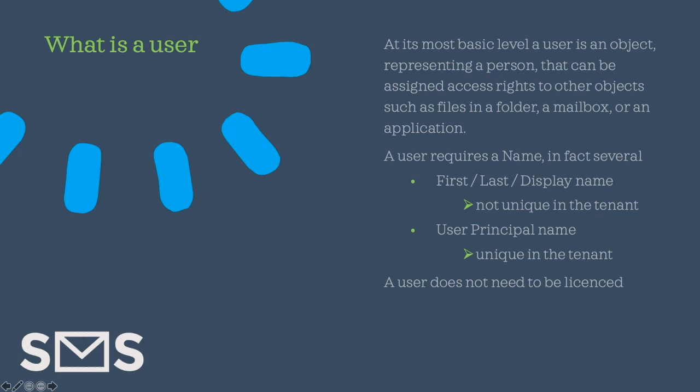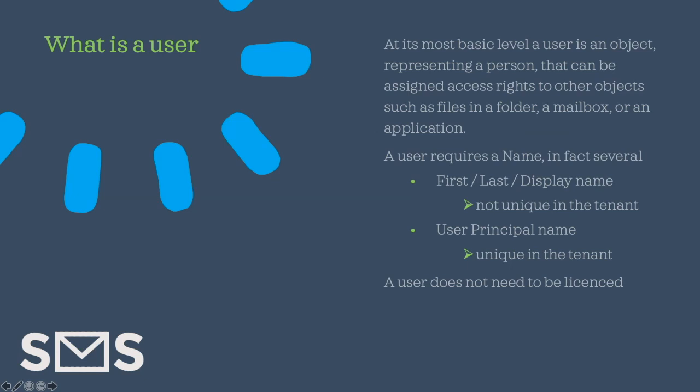A user account, or indeed any object, a group for example, needs to have a unique identifier within the tenant. This is usually in the form of a name. In Office 365, a user account requires a display name, which does not have to be unique and is usually formed by joining the first and last name entered for the user.